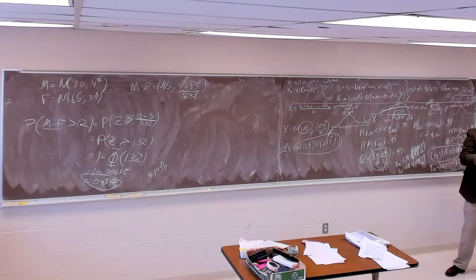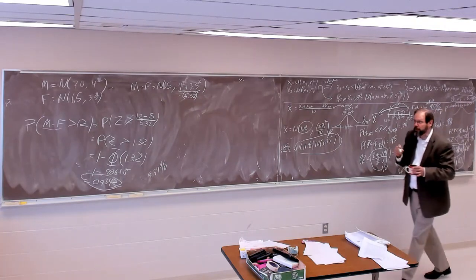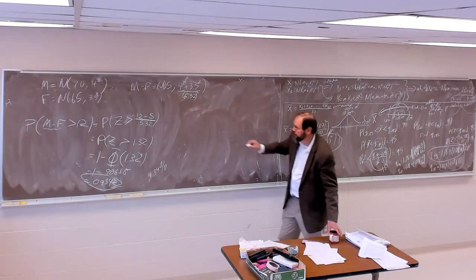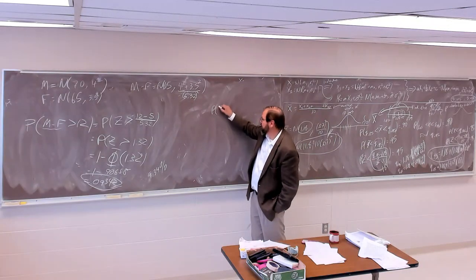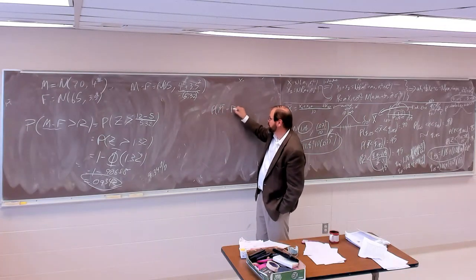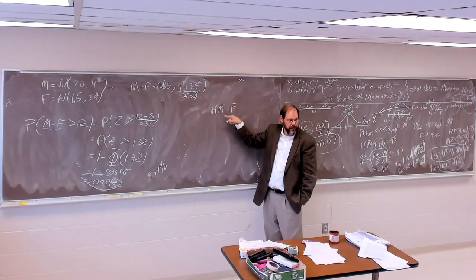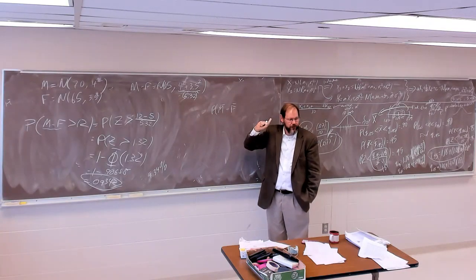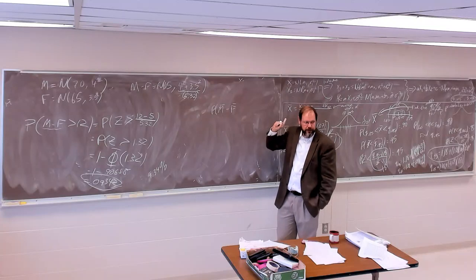Yes? Could we also do something like find the probability that the average of n differences was greater than something? For men and women, for instance. So if you wanted to look at, say, the probability of m bar minus f bar, so you average 10 men and 10, or what do you? So average 10 differences.